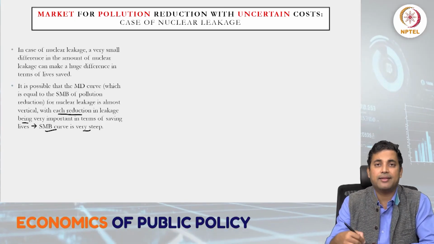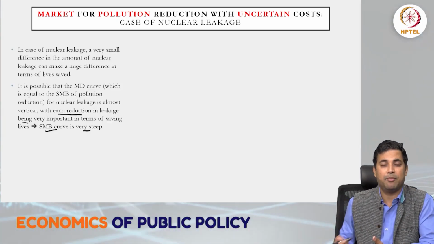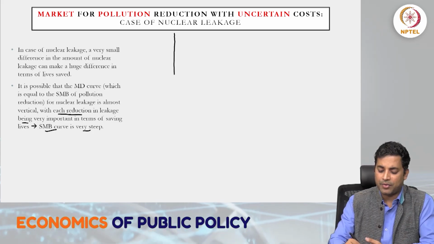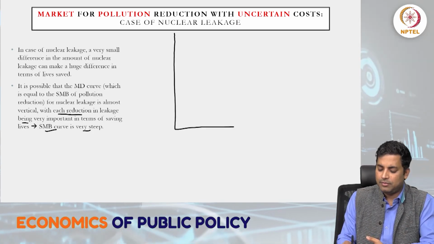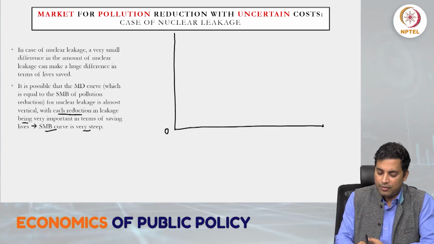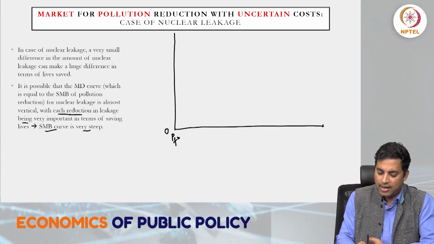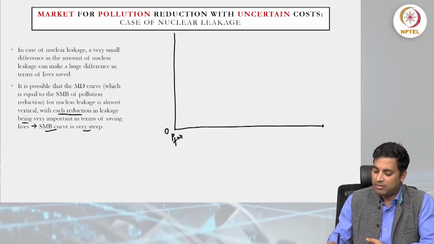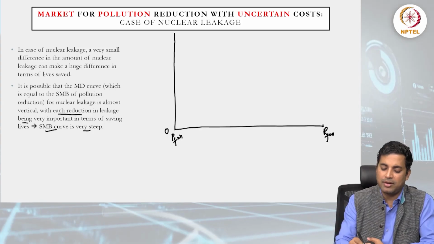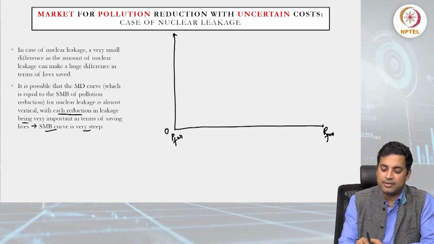So again, if we take the same basic model, if we extend that model and then we draw, so here point O, where again pollution is at maximum level, and here pollution reduction is at the maximum level, and on the vertical axis is the price.